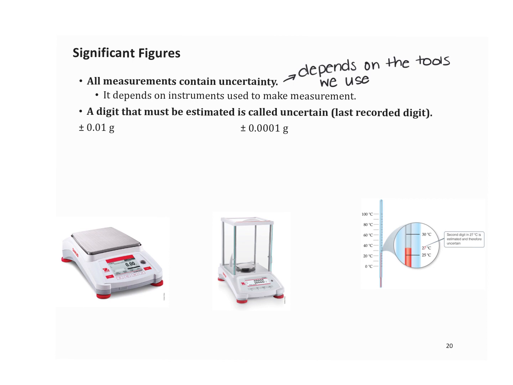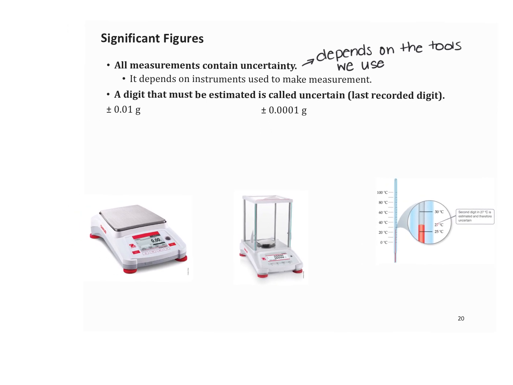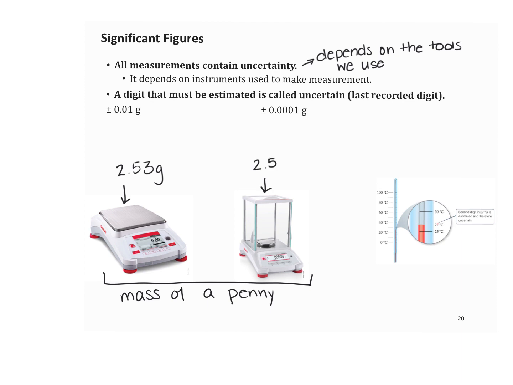And so, for example, let's say you take the mass of a penny and you use these two scales. On this scale, you get 2.53 grams for your penny. And then on this scale, you get 2.5271 grams.